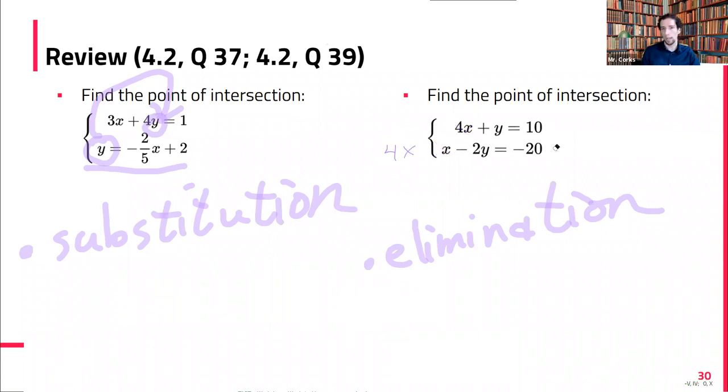So 4x minus 8y equals negative 80. Then we take the two whole equations, one plus or minus the other, and that eliminates one of the variables. So multiply one equation by something to make your coefficients match up, then add or subtract the two equations, simplify and solve for the remaining variable. We should be comfortable with both the substitution and elimination methods.